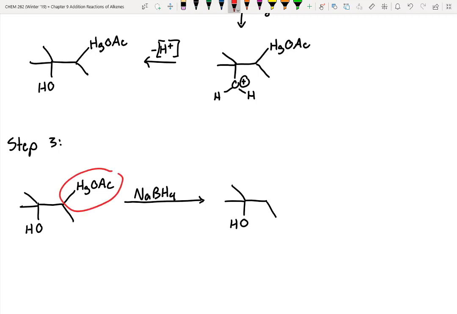But that entire group will pop off and be replaced by hydrogen. So let's make a note that you don't need to know the mechanism. Not at all. But the nice thing with this is it doesn't allow for rearrangements.